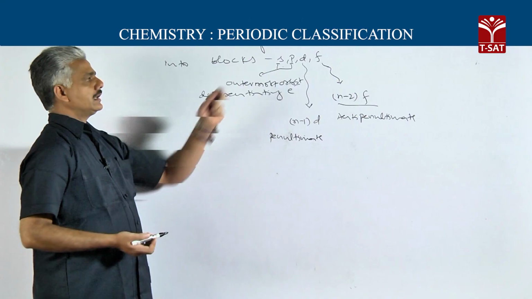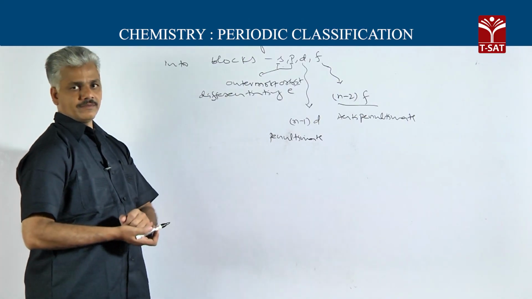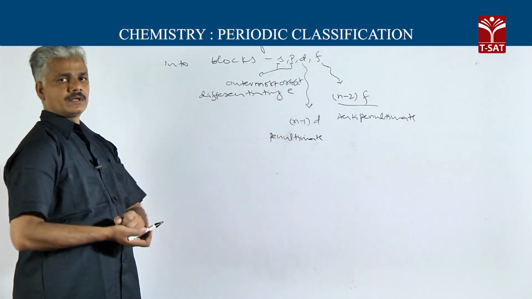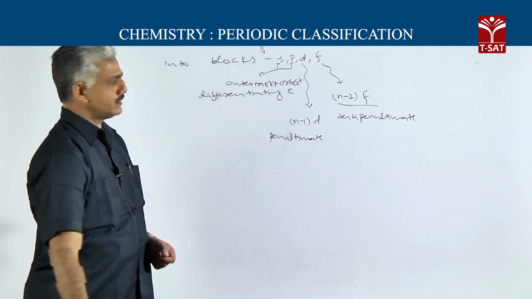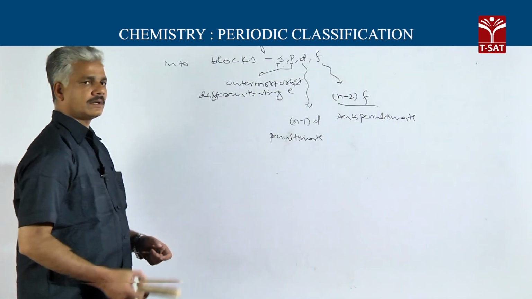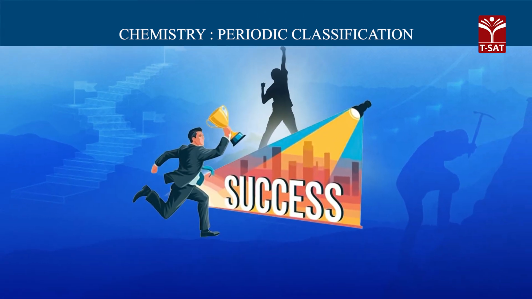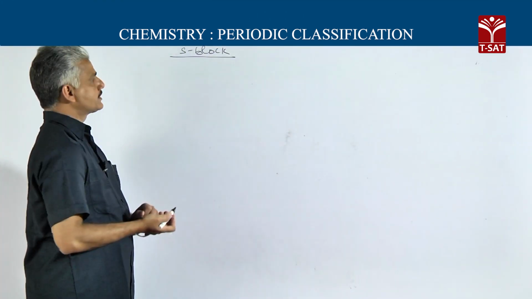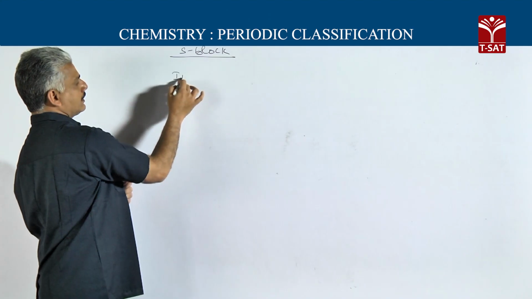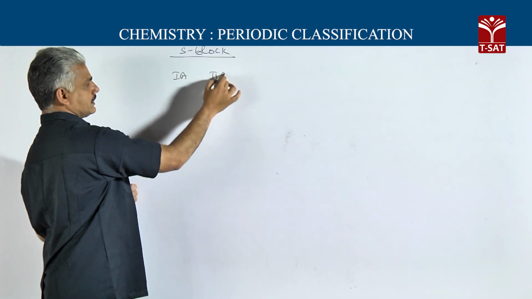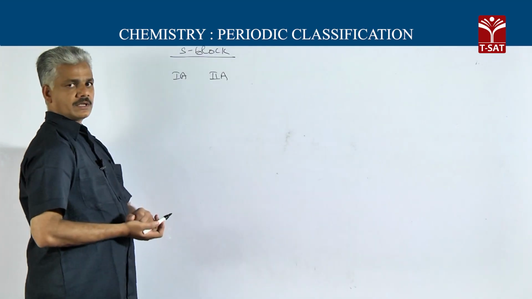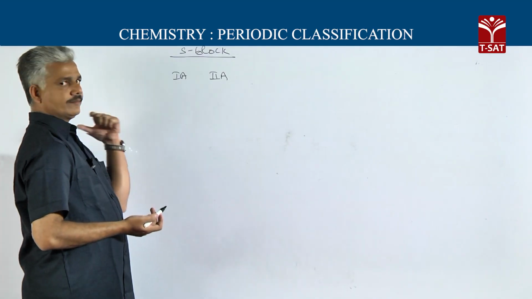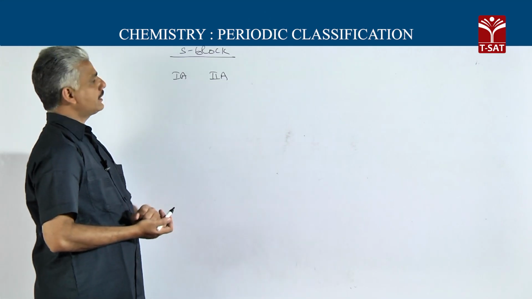In an S sublevel, a maximum of 2 electrons can be accommodated. Accordingly, the S block consists of 2 groups. The groups present in S block are represented as 1A and 2A. Graphically, S block is present at the extreme left side of the periodic table.